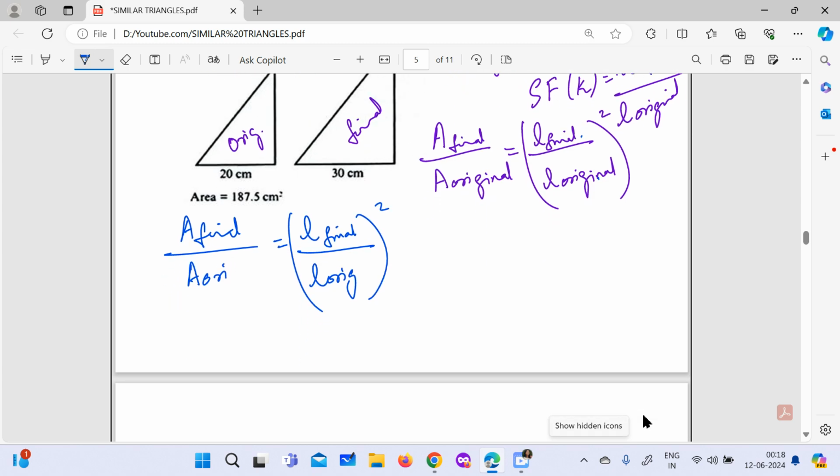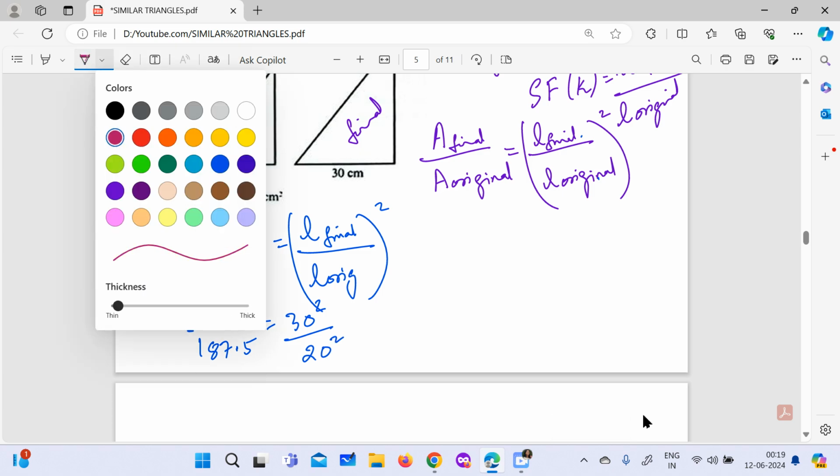Using this rule, here area is given for the original, so we are finding the area of the final one. So area of the final one upon 187.5 equals final length 30 squared upon original length 20 squared.